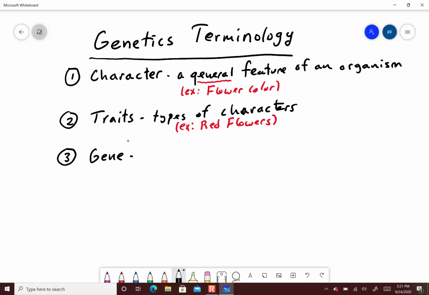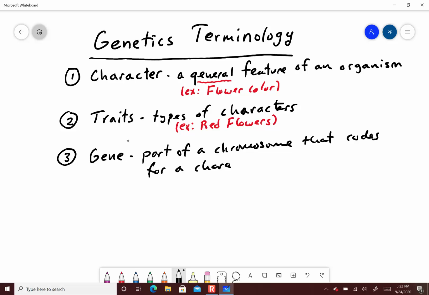Alright, next is a gene. A gene is a part of a chromosome that codes for a character. A part of a chromosome that codes for a character.